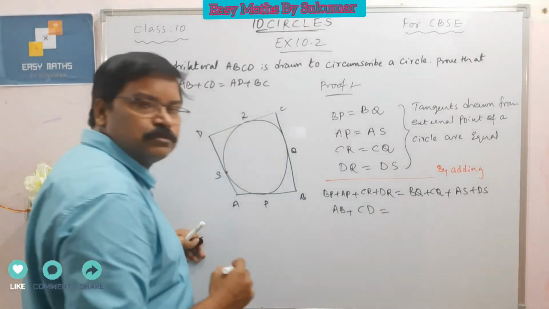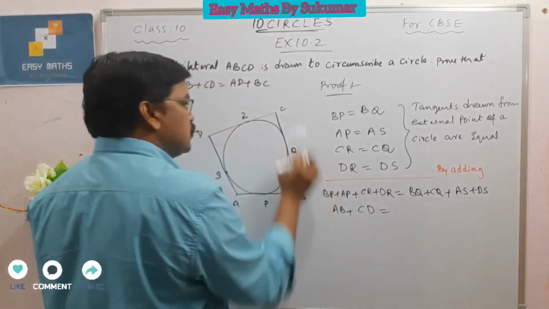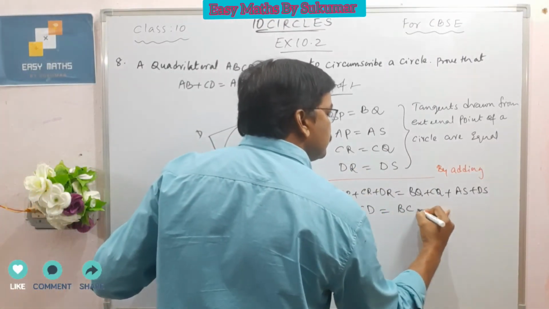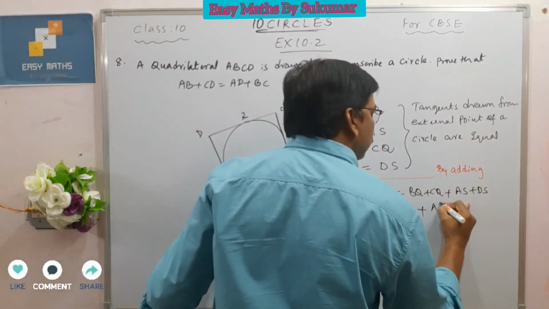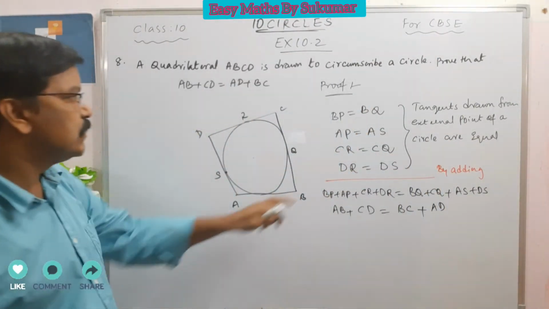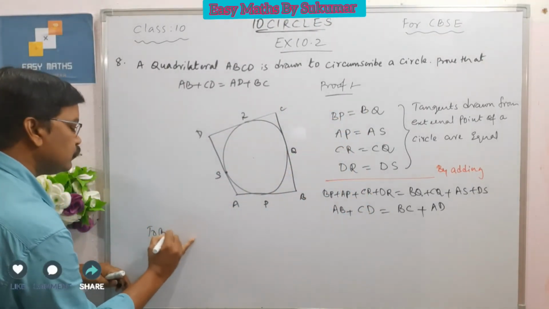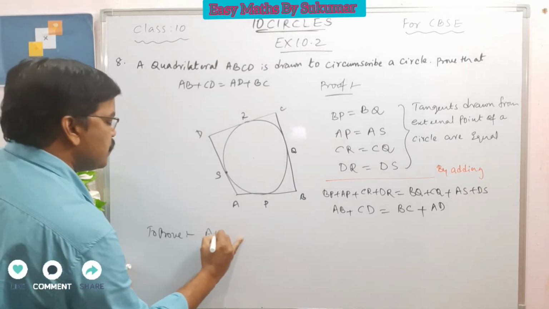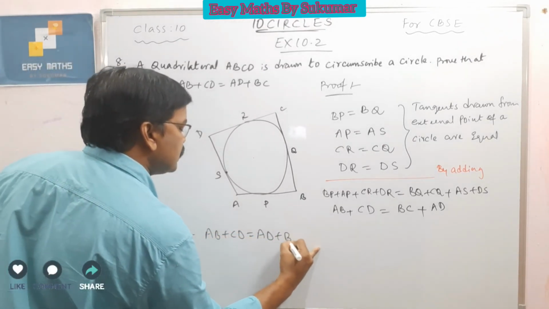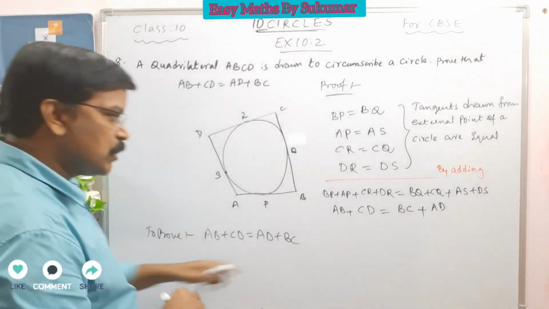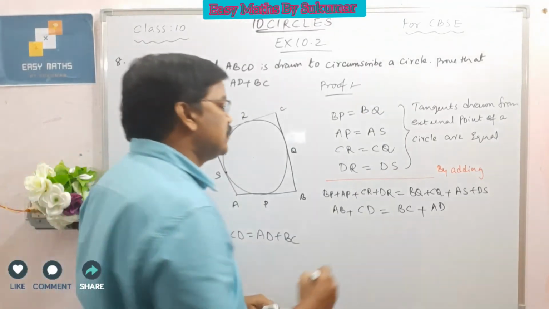It is equal to BQ plus CQ, which is BC, plus AS plus DS, which is AD. That means what is to be proved here actually? To prove AB plus CD is equal to AD plus BC. So already AB plus CD is equal to BC plus AD. Hence it is proved.